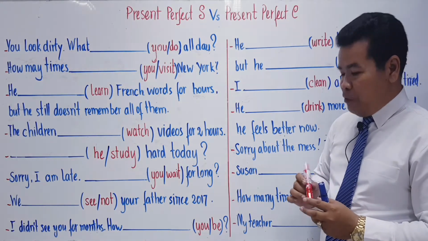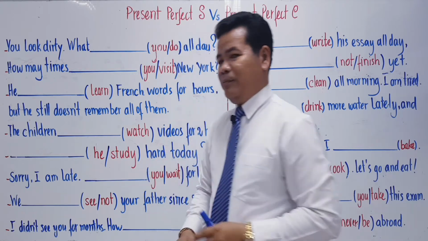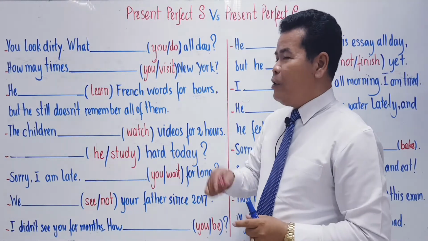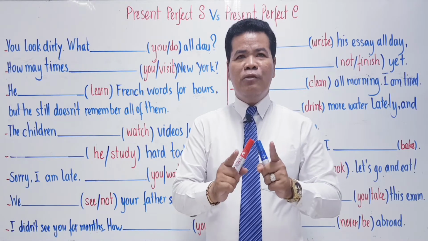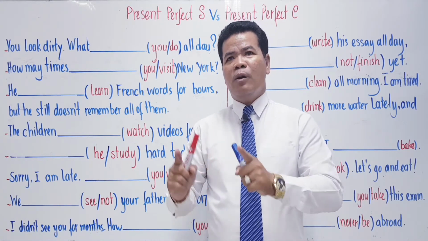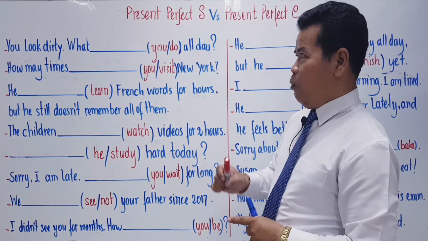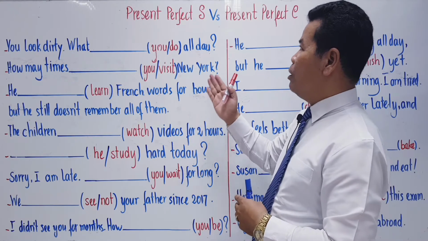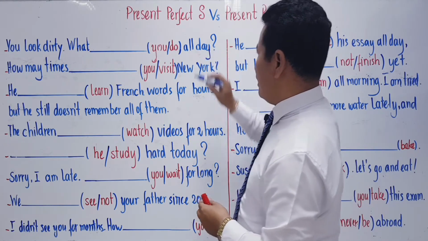Try to see the first example. What are you going to choose? Firstly, you have to see some keywords in the sentence. Try to read it once, twice, or thrice. "You look dirty. What have you done all day?"